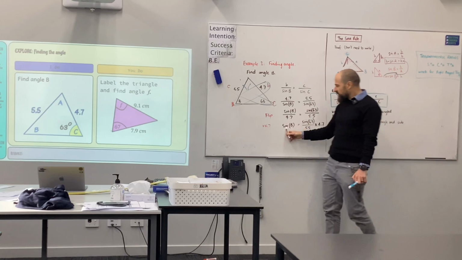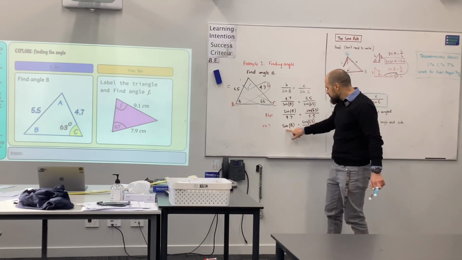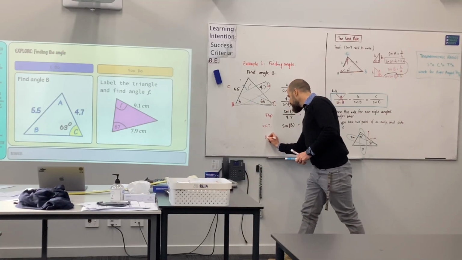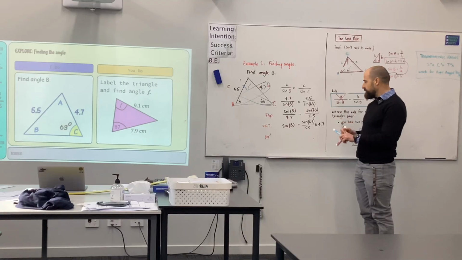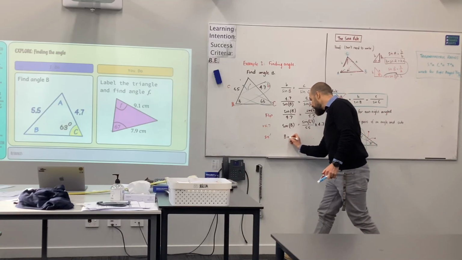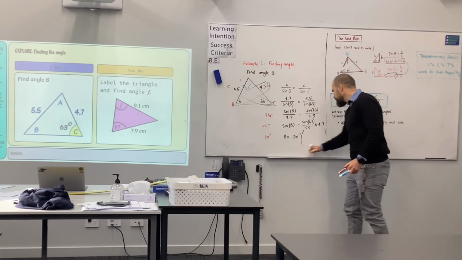The opposite of sine is inverse sine. So when I want to get rid of this sine next to the B, I have to use inverse sine. Sine to the -1. Okay, so to get B, I'm going to do inverse sine of everything that I already had.